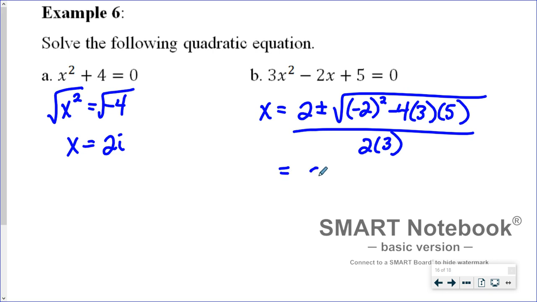All right, so we're going to get 2 plus or minus the square root. This is 4 minus 60. So this is negative 56, right? All over 6.